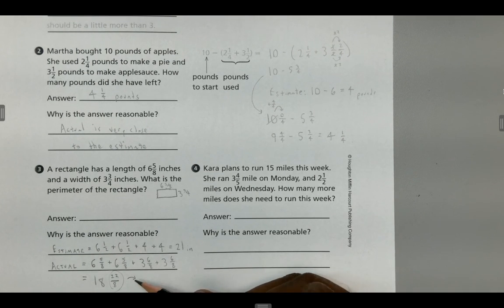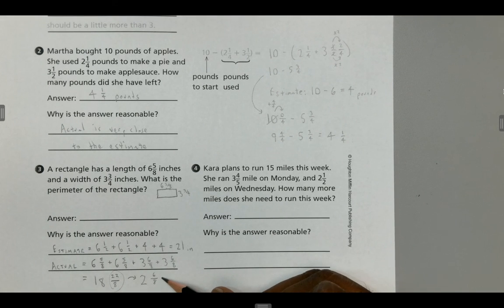This gets converted into, well, 8 goes into 22 twice cleanly. 8 times 2 is 16. The difference between 22 and 16 is 6. The 2 6/8 can actually be reduced to 2 3/4.